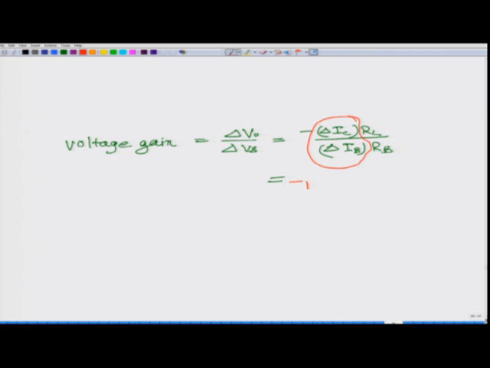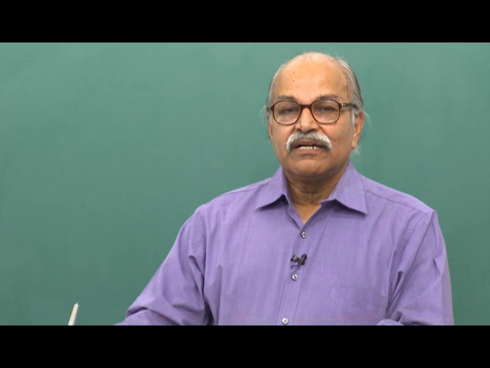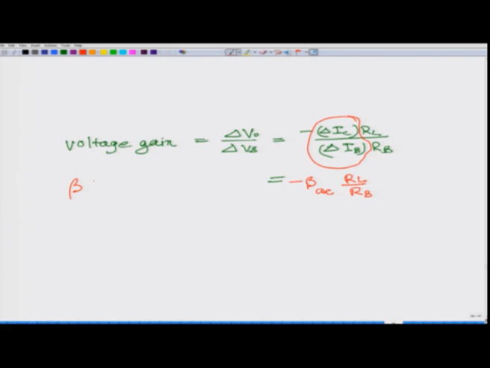So, this is beta AC times RL divided by RB. So, that is the voltage gain, and remember, for a transistor this beta DC and AC are similar. If you are in the comfortable reverse biased and forward biased zone, this could be 50, 100, like 50 to few hundreds and so on. So, you have a voltage gain here, that is how the amplification works.